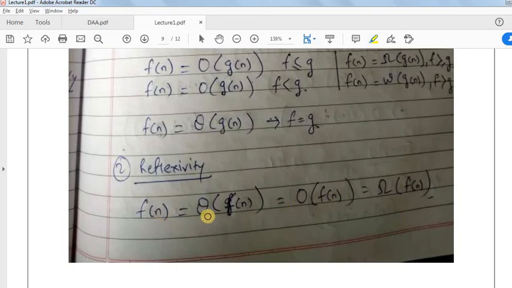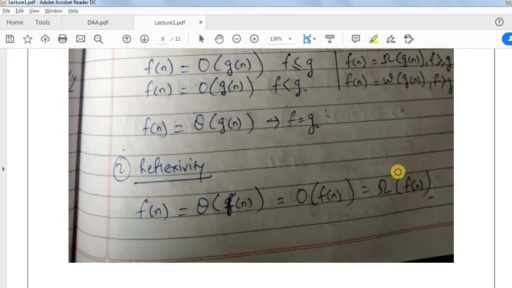The second property of asymptotic notation: reflexivity. This function f of n can be represented in terms of theta, big omega, and big O notations with itself. F of n is equal to theta f of n, which is equal to big O f of n, which is equal to omega f of n. Let's take an example. Let f of n be 3n plus 5.